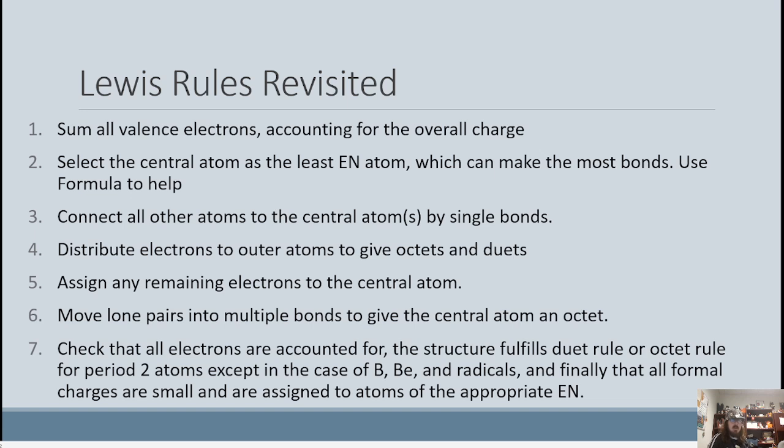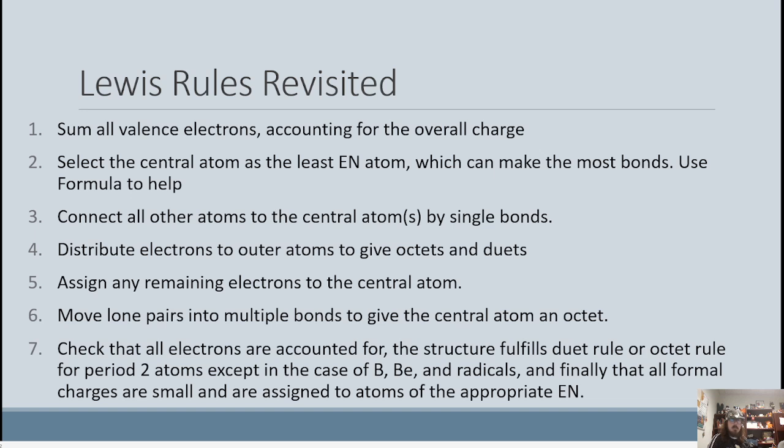So with that in mind, let's revisit our Lewis rules. We still want to sum all valence electrons up. Now we also want to account for the overall charge. We will select the central atom as the least electronegative atom, one that can make the most number of bonds. Still, we can use the formula to help.